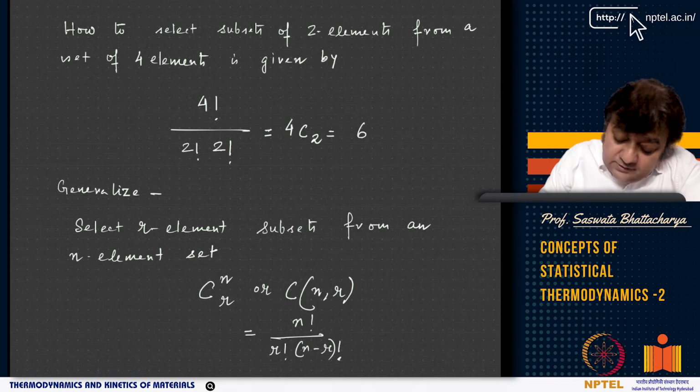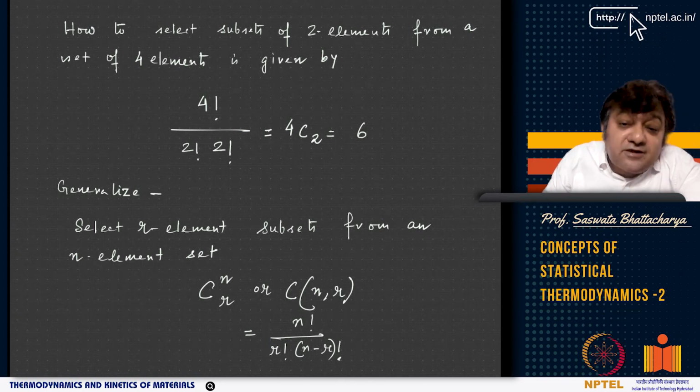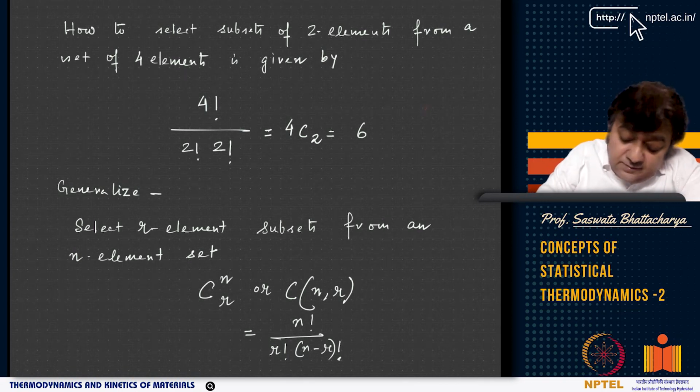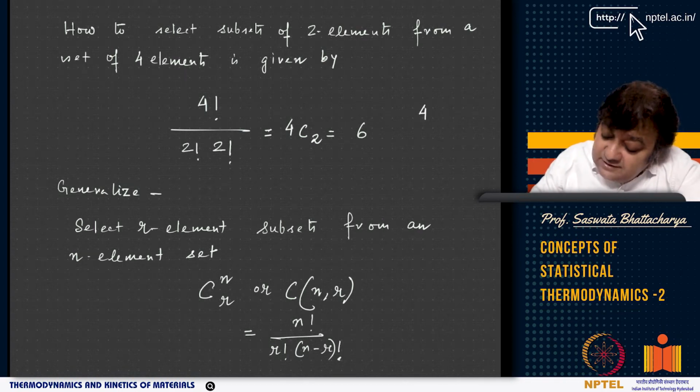So the number of ways to select a subset of 2 elements from a set of 4 elements is given by 4 factorial divided by 2 factorial times 2 factorial. We also write this as 4C2, which is 4 factorial by 2 factorial times (4 minus 2) factorial.